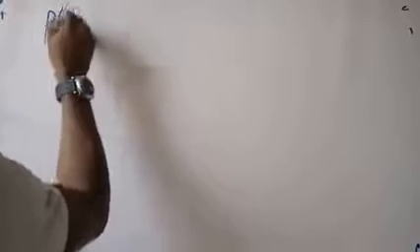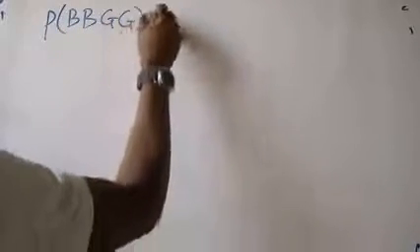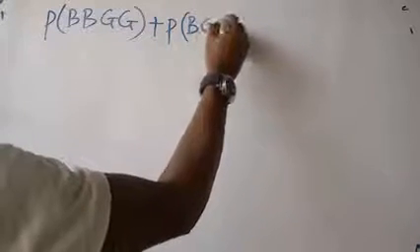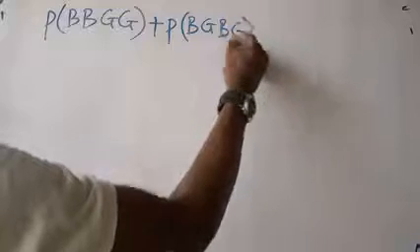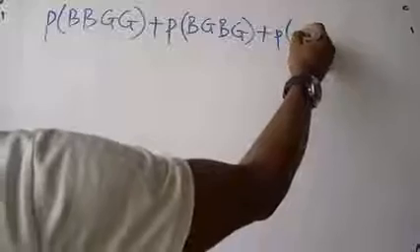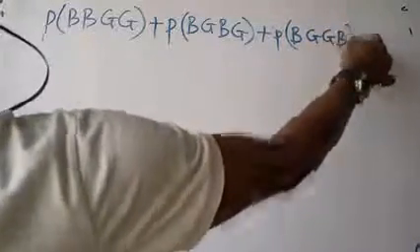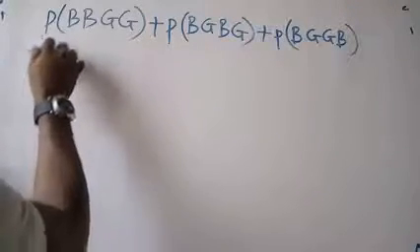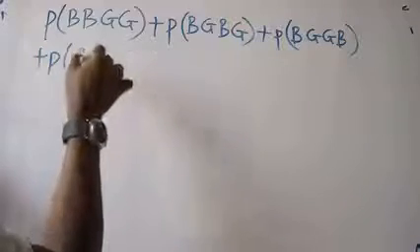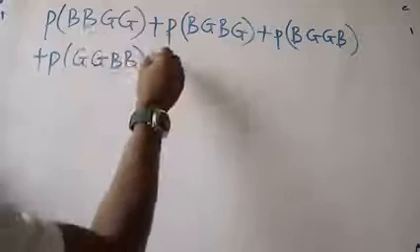I can have the first to be boy, second boy, girl, girl. Or I could have B, G, B, G. Or we could even have B, G, G, B. Or it could even be G, G, B, B, which is the reverse of this.